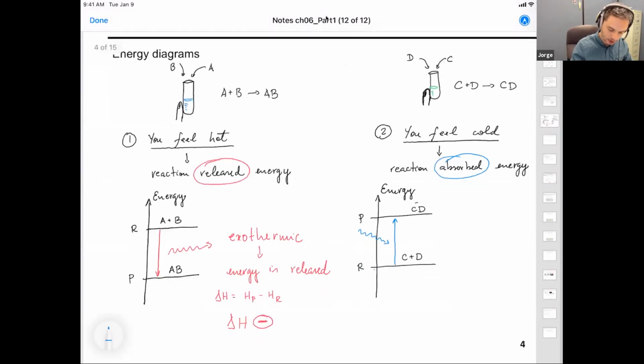And this kind of reaction is called endothermic. Every time we have an endothermic reaction, that means energy is absorbed.